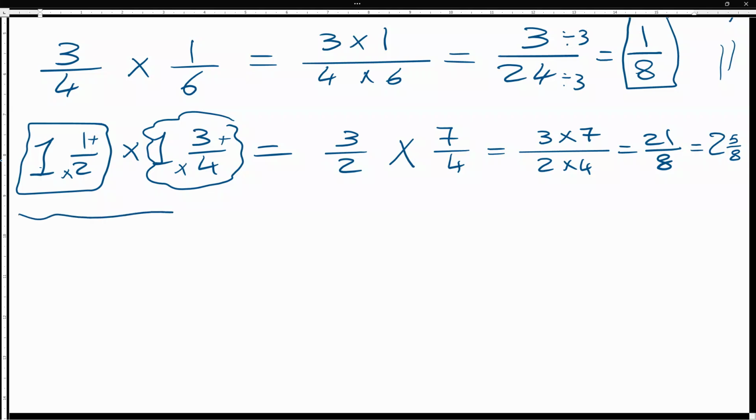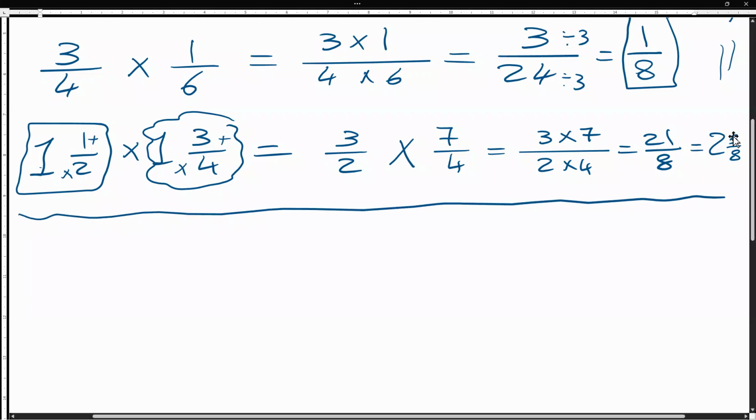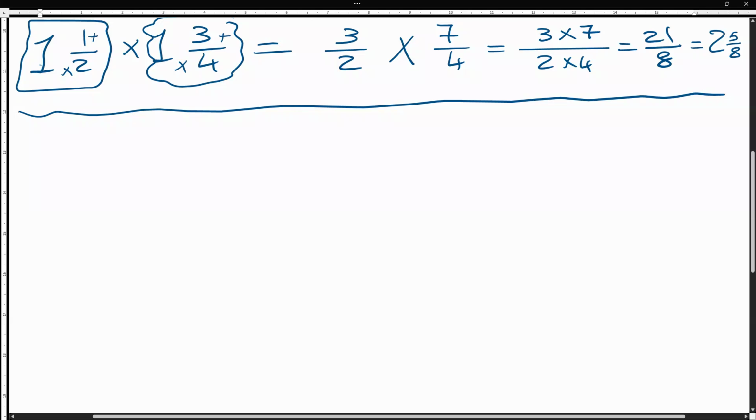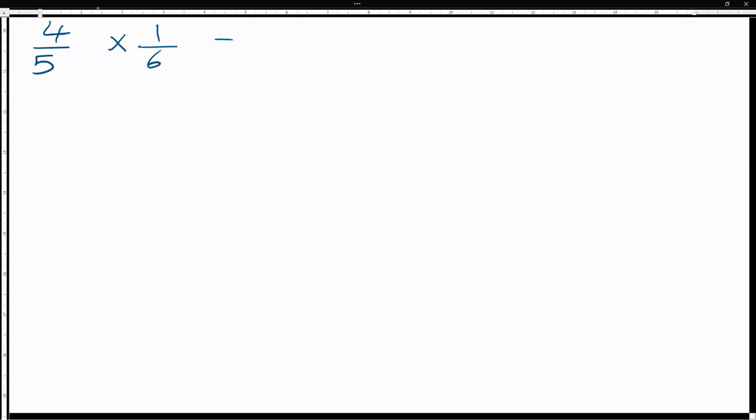Now, if you understood these 3 examples, I'll give you 3 questions for you to answer. Once you answer them correctly, you have nailed multiplying fractions. So the first one is 4 out of 5 times 1 out of 6.